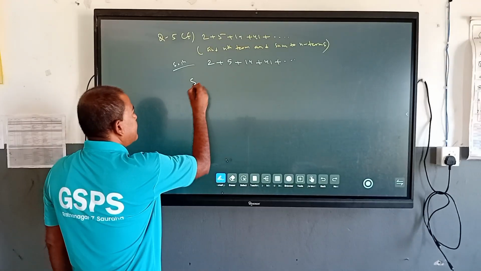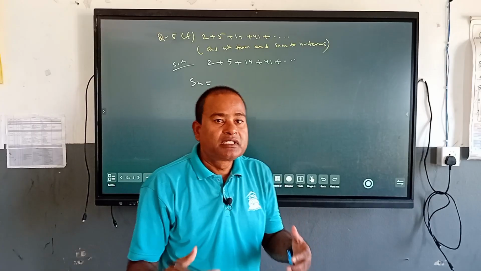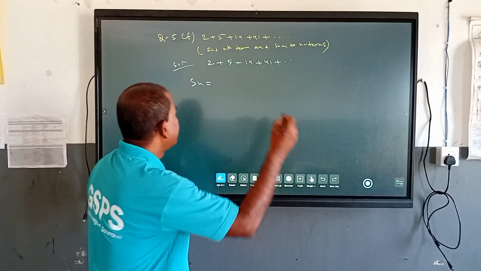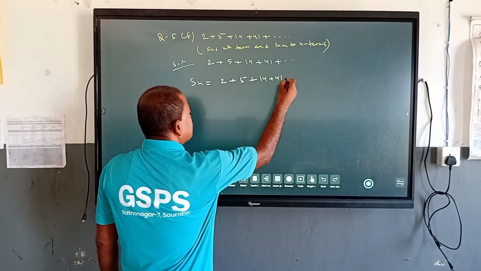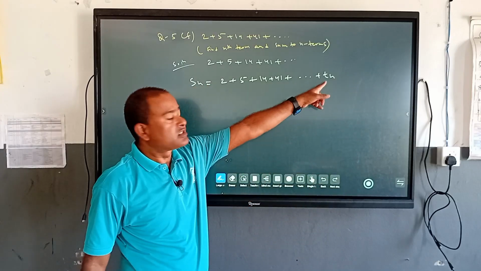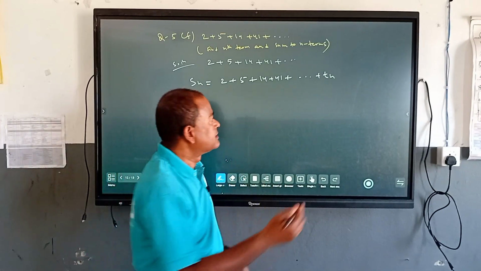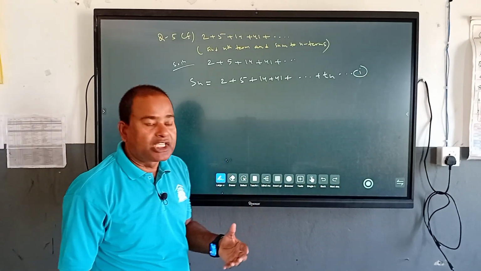Dear students, in the successive difference method, at first we suppose the sum of the given series as Sn, and the general term, or nth term, of the given series as Tn. We call this equation first.